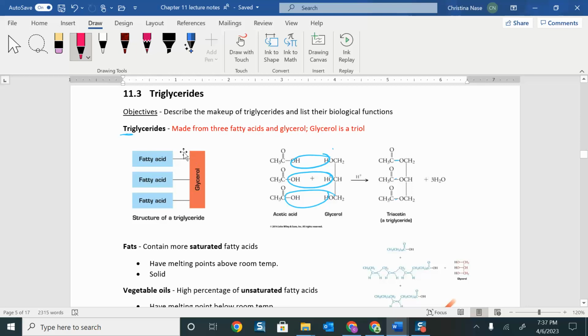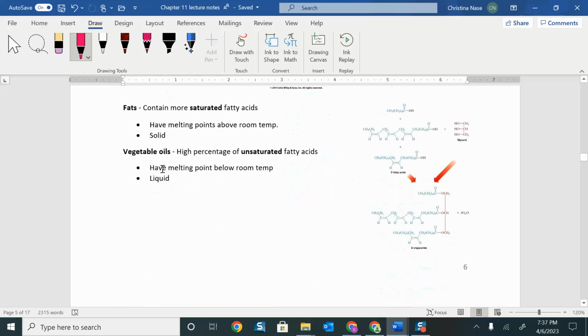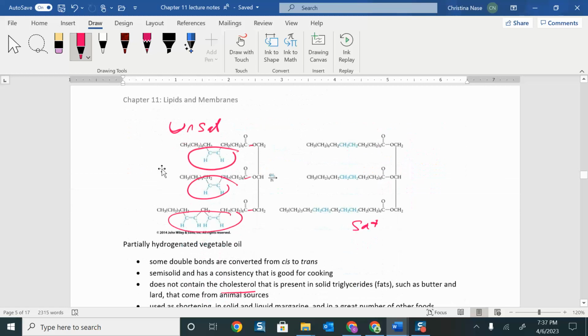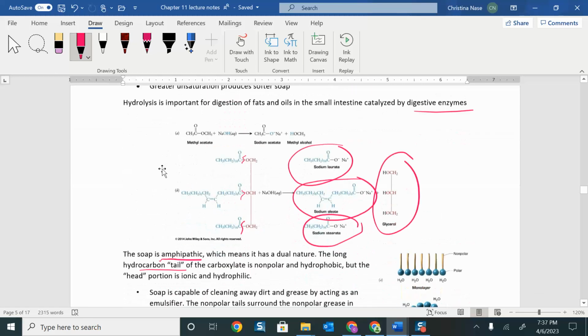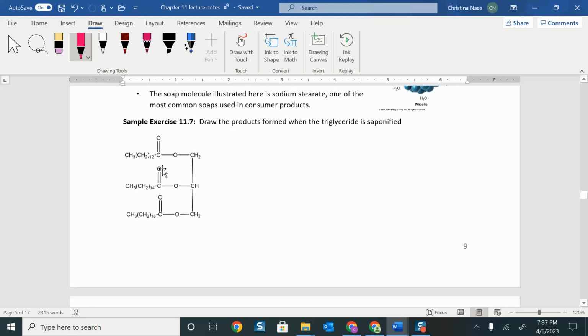So what we're going to get out of here is we're going to break those 3 ester linkages. Glycerol is going to be unharmed. And then instead of getting the 3 fatty acids, we're going to get the conjugate bases of those fatty acids. So let's see what we get. I'm going to break those ester linkages, break these bonds here. Boom, boom, boom. I'm going to end up with glycerol. Glycerol is going to be our standard. It's not going to be changed.